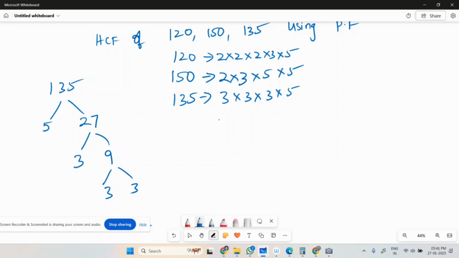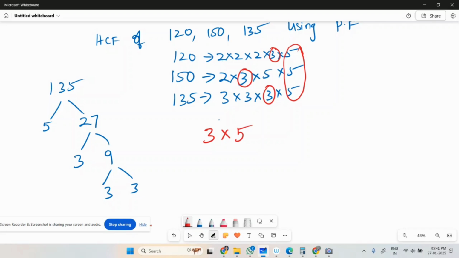Okay. Now let's see whether prime factor 2 is in all three numbers. No. Whether prime factor 3 is in all three numbers. Yes. See, here 1 three, here 1 three, and here 1 three. So 3 is common among all three numbers, and 5 is common in all three numbers.